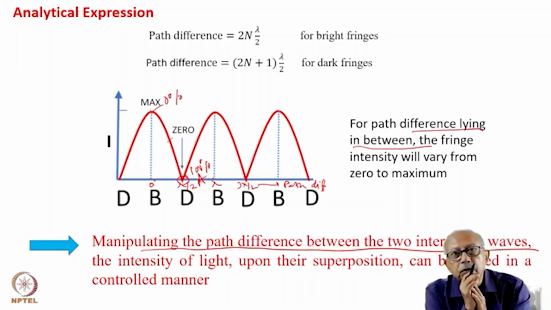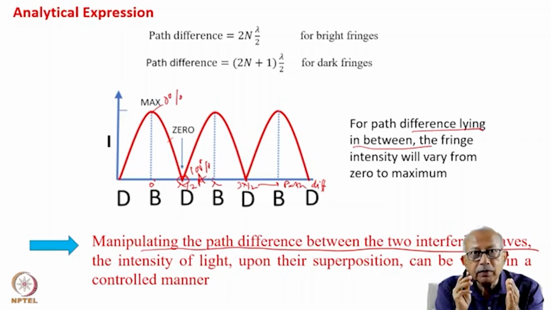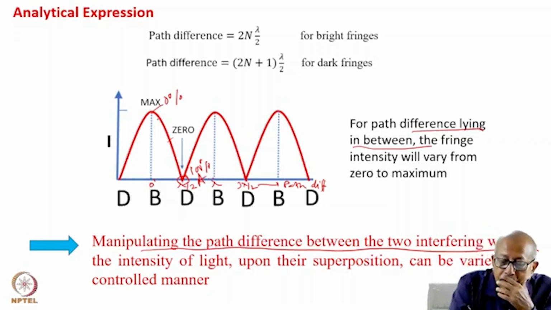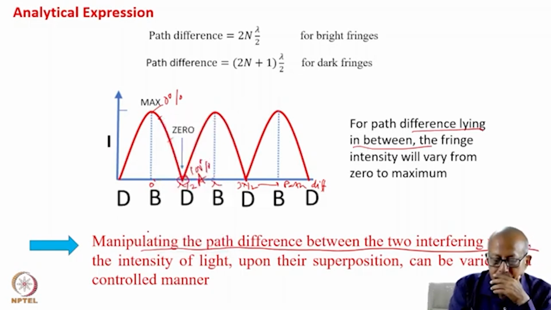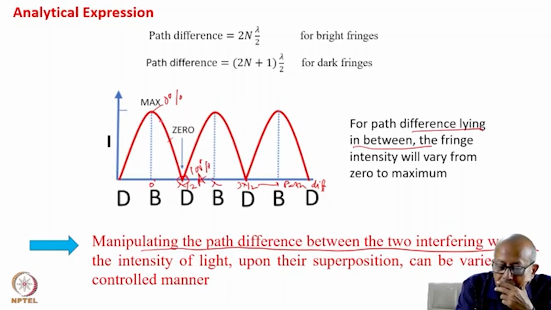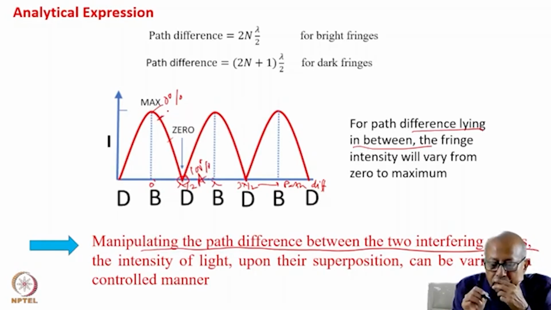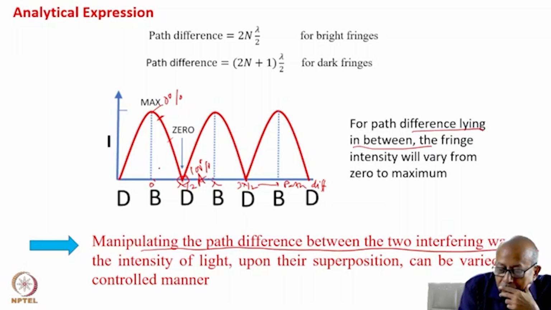So if we have to make reflectivity 90%, then annihilation should be 10%. So somewhere here. 100% annihilation, this is 0. So maybe 90%, 10% annihilation. So we choose a path difference in such a way.